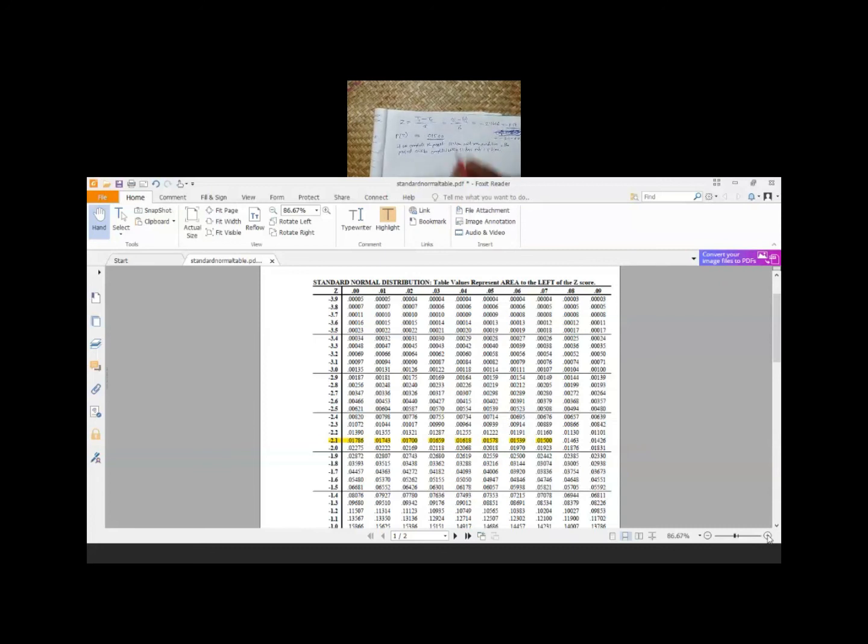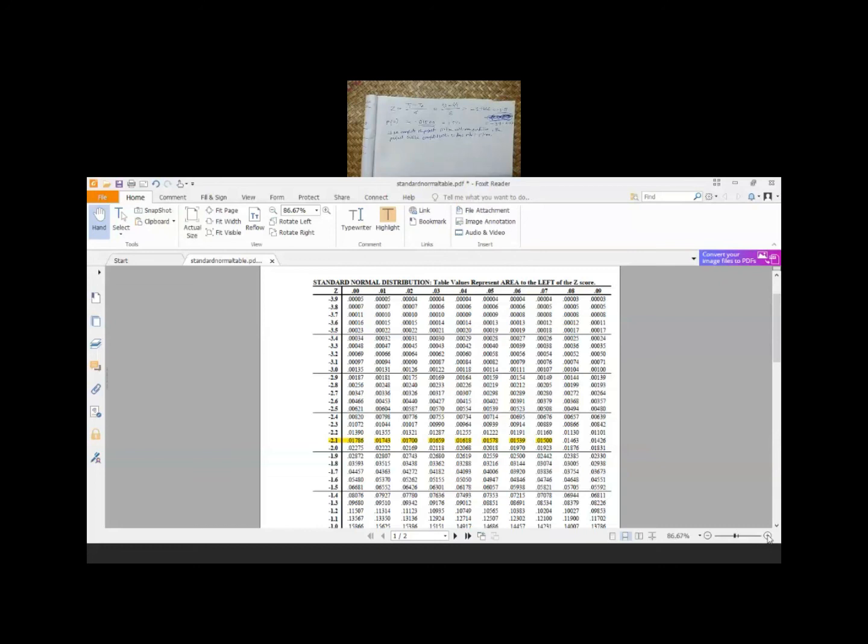That means the probability is 1.5%. Okay, so this method is more direct.